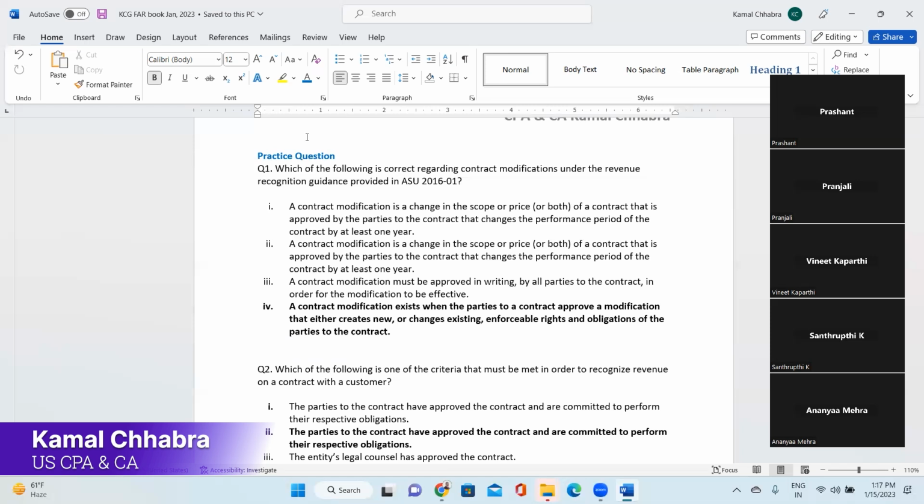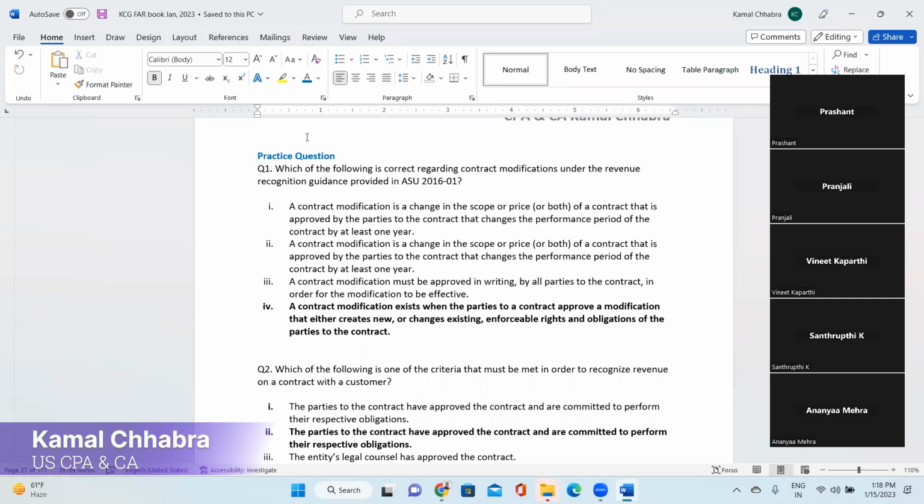Why not third? It says that it should be in writing, but I think you have mentioned that like we go to McDonald's and just pay the money and get the burger. So there is no written contract.